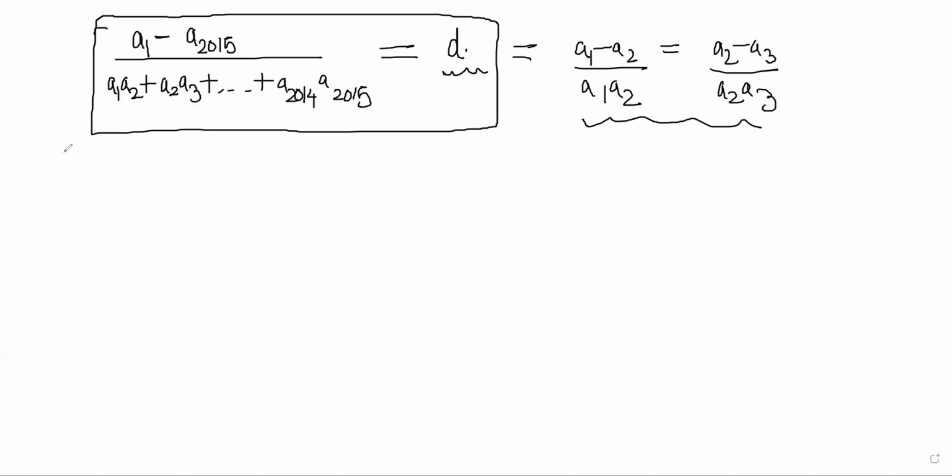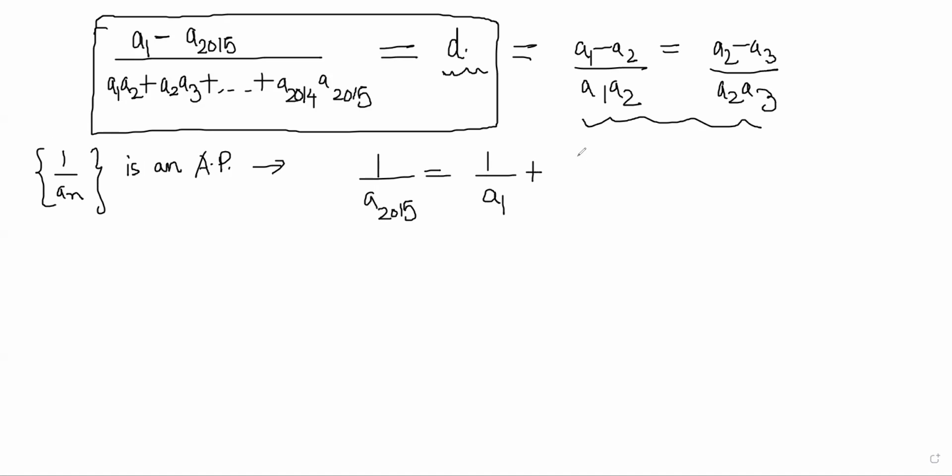Okay. Now, since 1 by an is an arithmetic sequence or arithmetic progression, we can therefore say that 1 by a2015 is equal to 1 by a1 plus 2014D. This is the 2015th term and this is the first term. So we can write the AP rule and we have this equation which implies that (a1 minus a2015) by (a1 into a2015) is equal to 2014D.